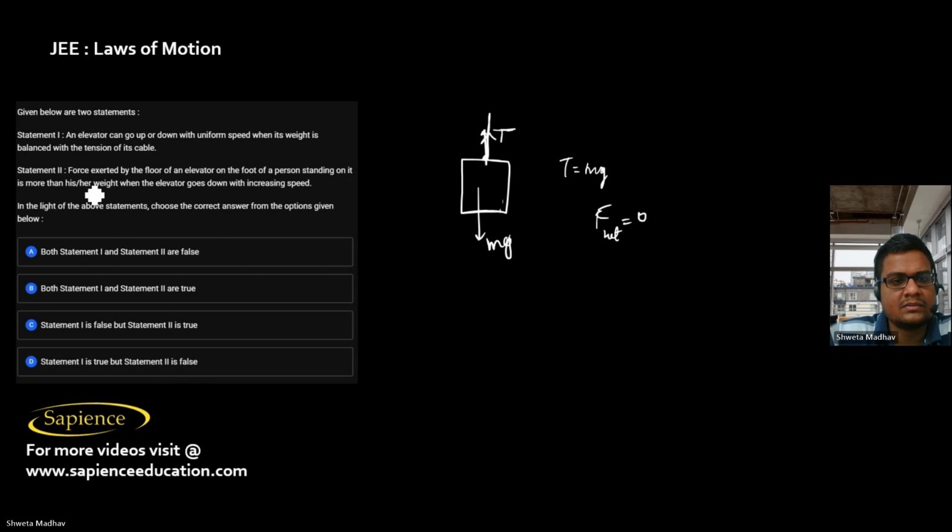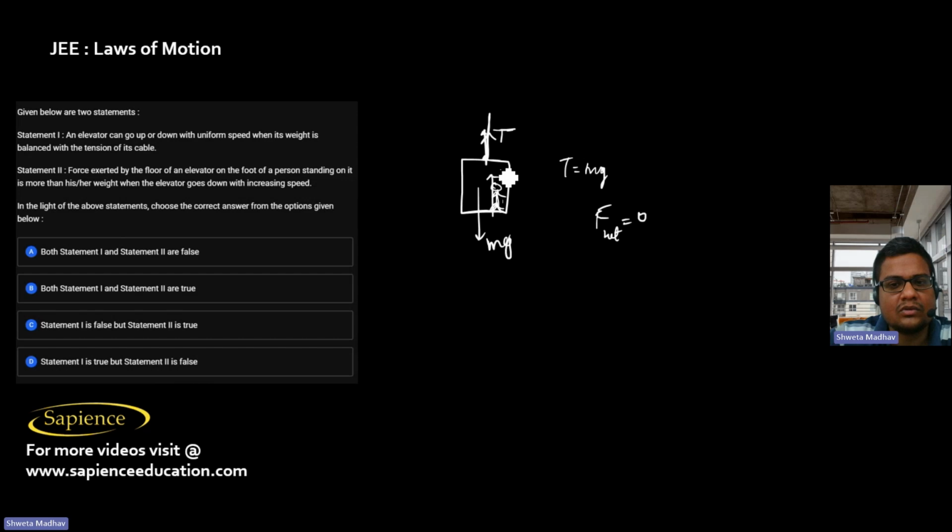And here it is told in statement 2 that the force exerted by the floor of an elevator on the foot of a person standing on it is more than his or her weight when the elevator goes down with increasing speed.